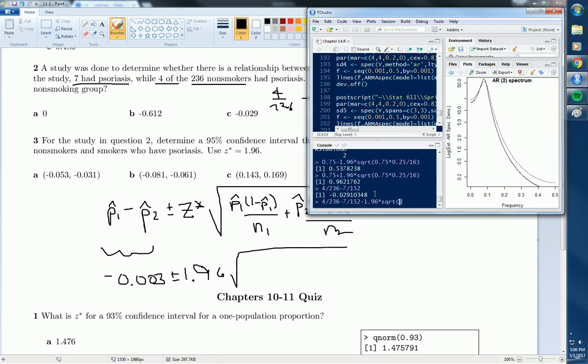My p hat 1 is 4 out of 236 times 1 minus 4 out of 236 divided by N1, which is 236, and then the same thing, I have 7 out of 152 times 1 minus 7 out of 152 divided by the 152.